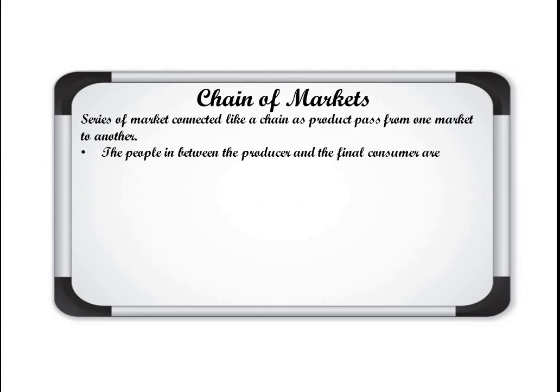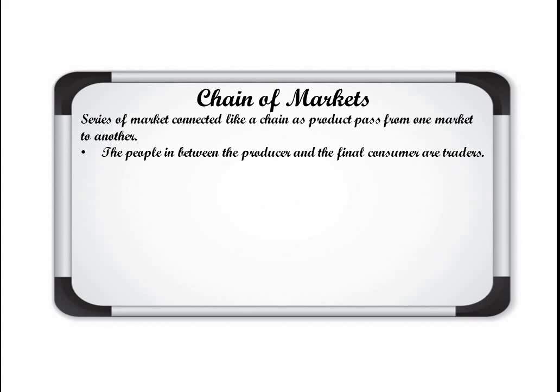See, the people in between the producer and the final consumer are traders. They get the things from producers at lower rates because they get the things in bulk, in big quantity. Suppose they are getting a particular item, say a geometry box, at the rate of 40 rupees, and as he has taken in bulk, the rate is a little bit lesser.